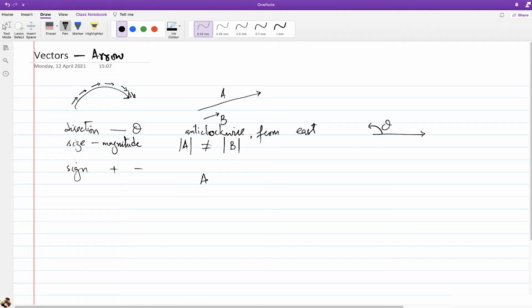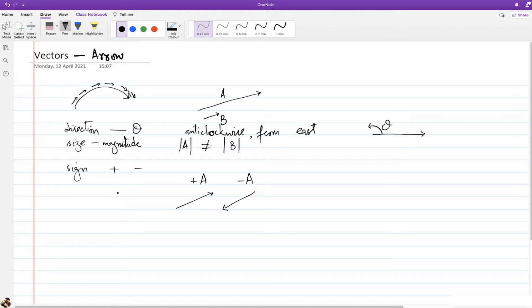So if I say there is a vector A and there is a vector minus A, all I'm saying is that if this is A, then the other vector is exactly the same size as A, it's just in the exactly opposite direction. Okay, so that's what opposite vectors are. Positive and negative just make them opposite. It basically flips the direction.